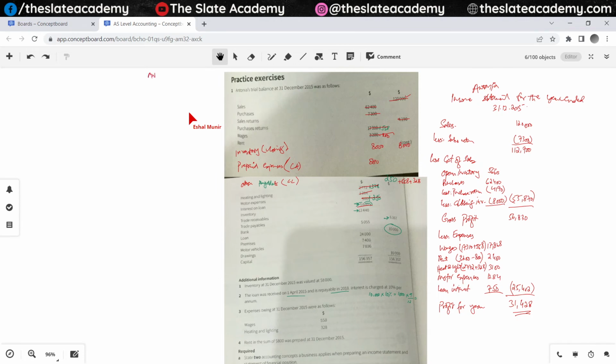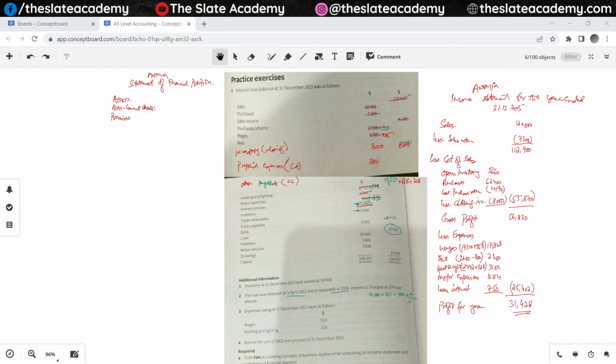So Antonia, statement of financial position, and in the statement of financial position, we begin with the asset side, assets, non-current assets. The first one is premises.